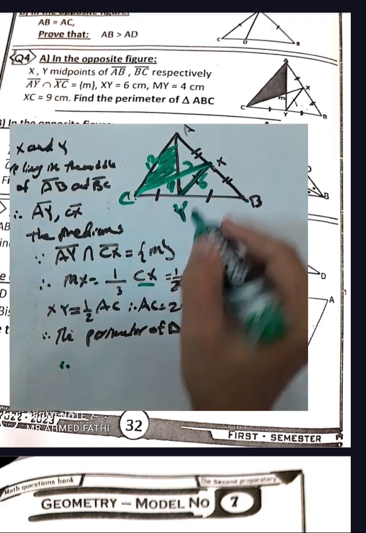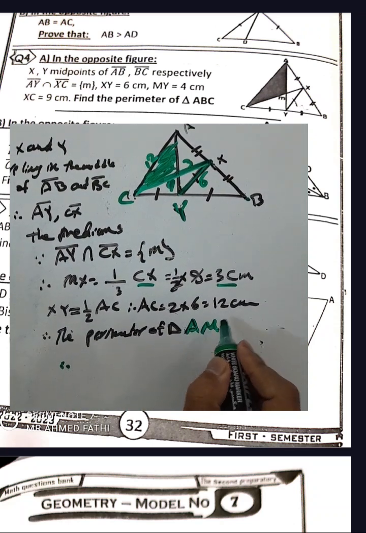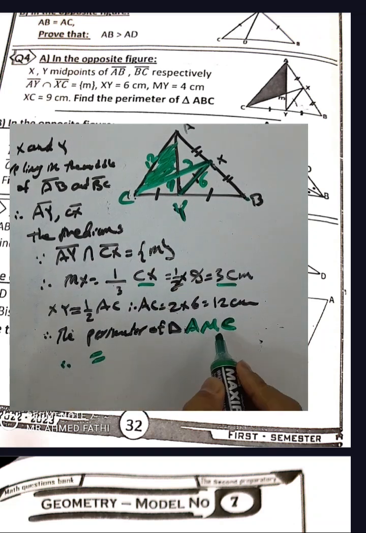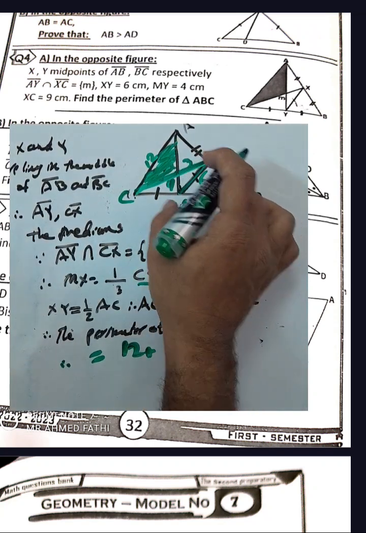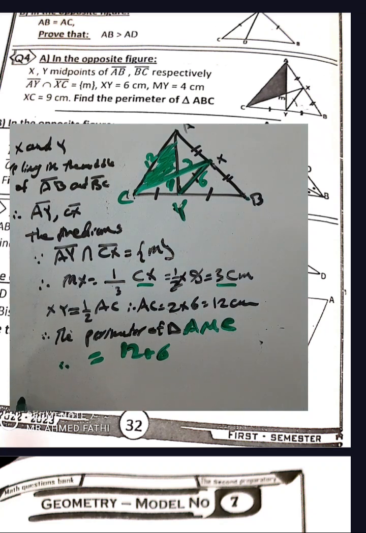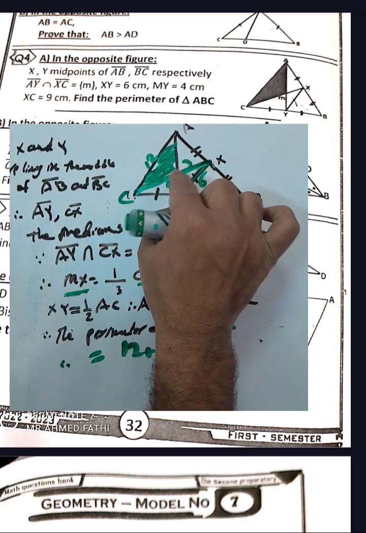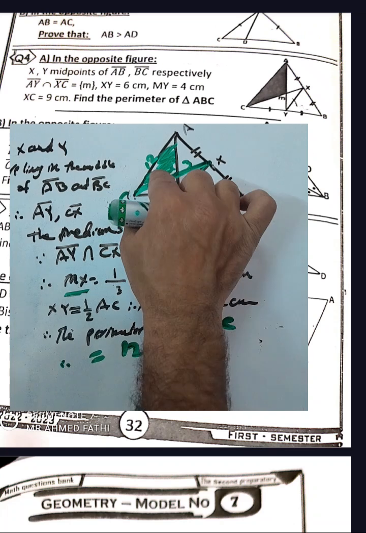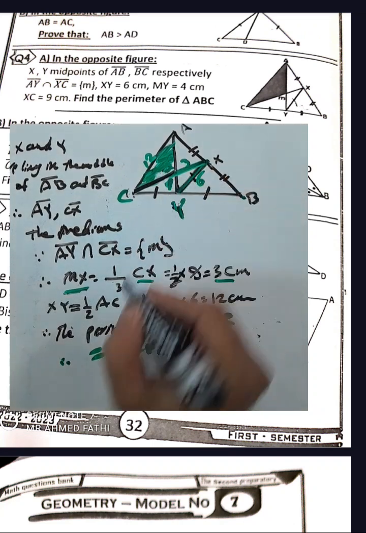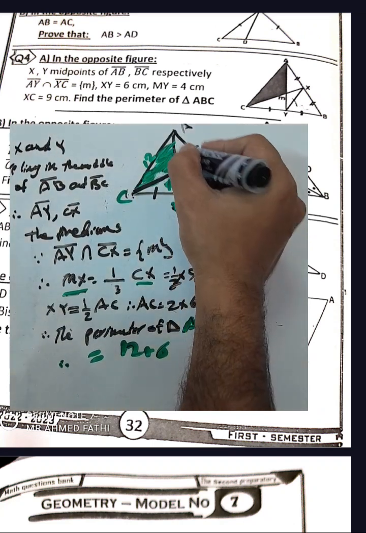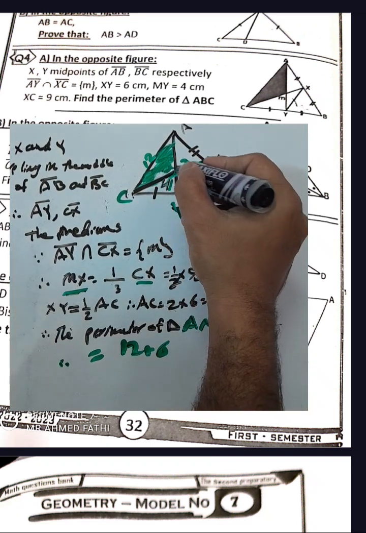We can find the perimeter of triangle AMC, okay. We can write 12 plus we have here this part 6, because MX was 3 and CX was 9. 9 minus 3 subtracted, it will be 6. This side length here 6, okay. This part was 6 centimeter, this 6 centimeter, okay. 12 plus 6 plus this side will be 8, because MY was 4.